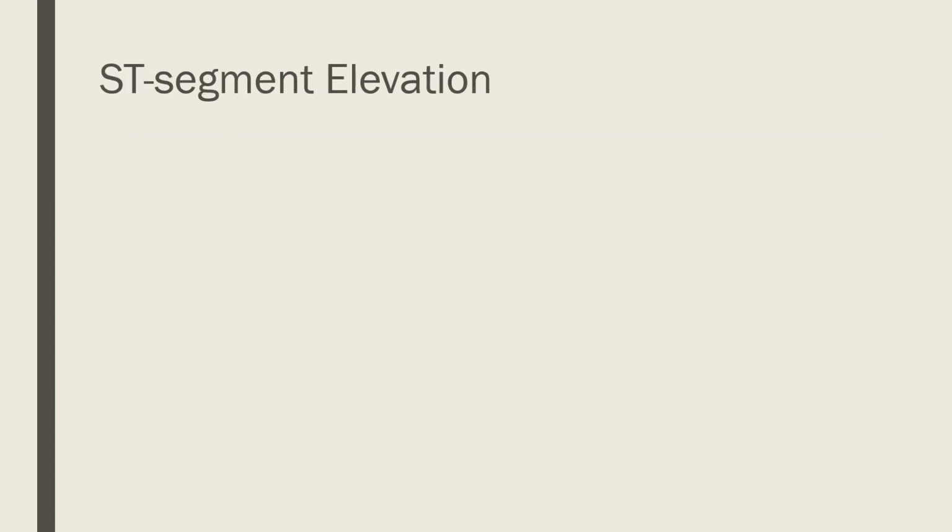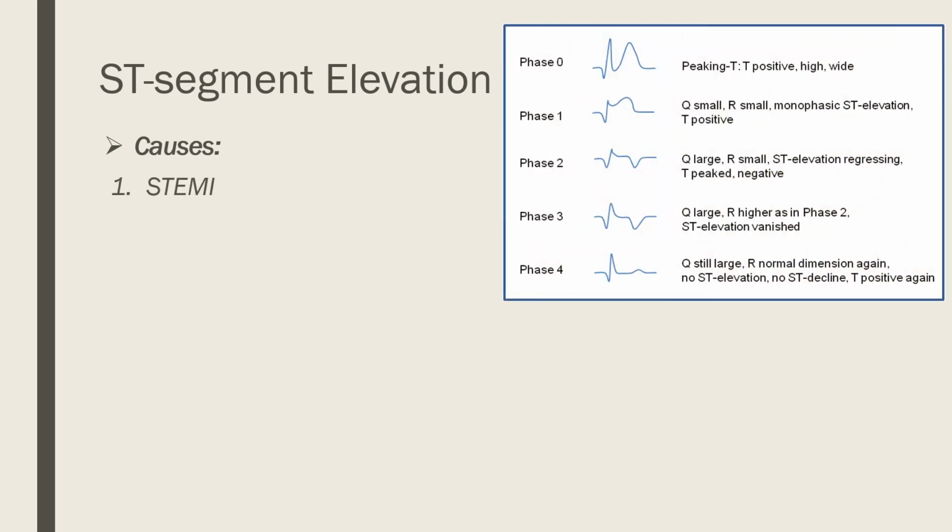Now we come to the types and causes of ST segment elevation. You know, the most common cause of ST segment elevation is ST elevation myocardial infarction. This figure shows the phases of myocardial infarction. Phase 0, peaking T wave.